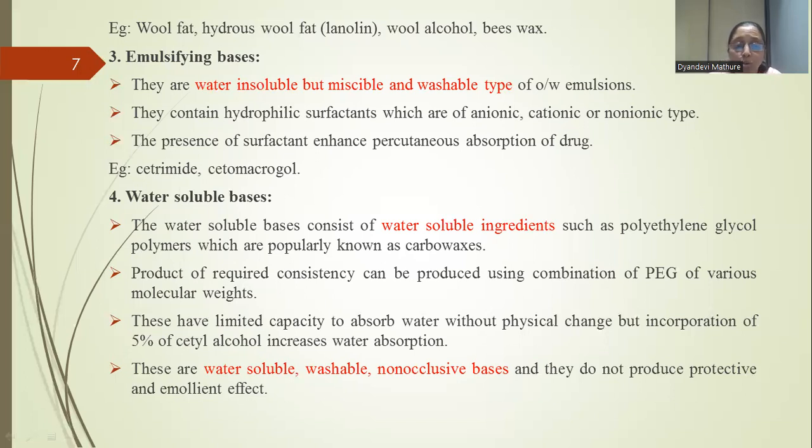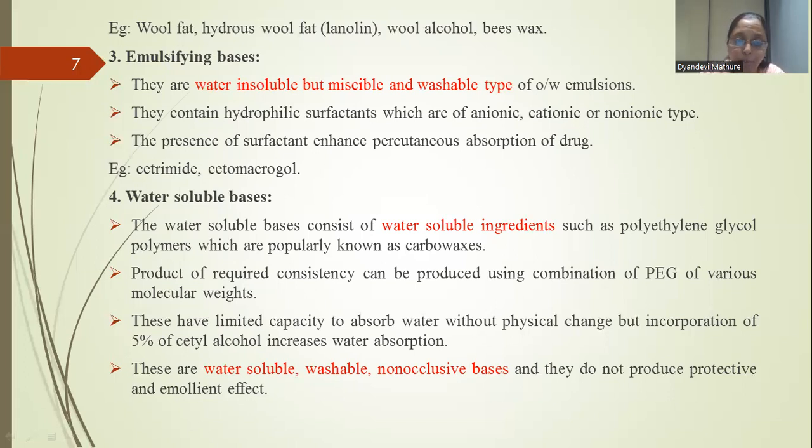So according to the required consistency of your product, you can select the grade of polyethylene glycol. These have limited capacity to absorb water without physical change, but incorporation of 5% cetyl alcohol increases the water absorption. Now, these are water soluble bases, but they have limited capacity to absorb water. But if we incorporate 5% of cetyl alcohol, their water absorption property goes on increasing.